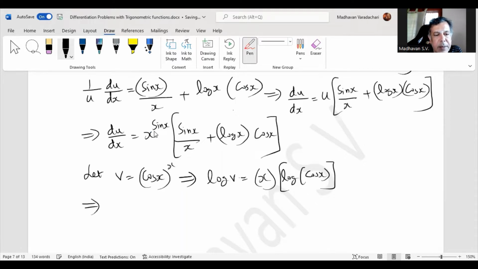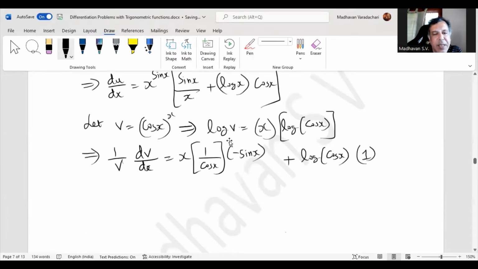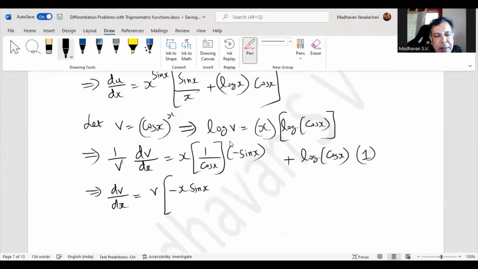Differentiating both sides with respect to x, we get 1 by v dv by dx will be, keeping x and then differentiating log of cos x, we get 1 by cos x, again differentiating cos x with respect to x, we get minus sin x, plus keeping logarithm of cos x, differentiating x with respect to x, we get 1, which means our dv by dx will be v times (minus x sin x divided by cos x plus logarithm of cos of x).